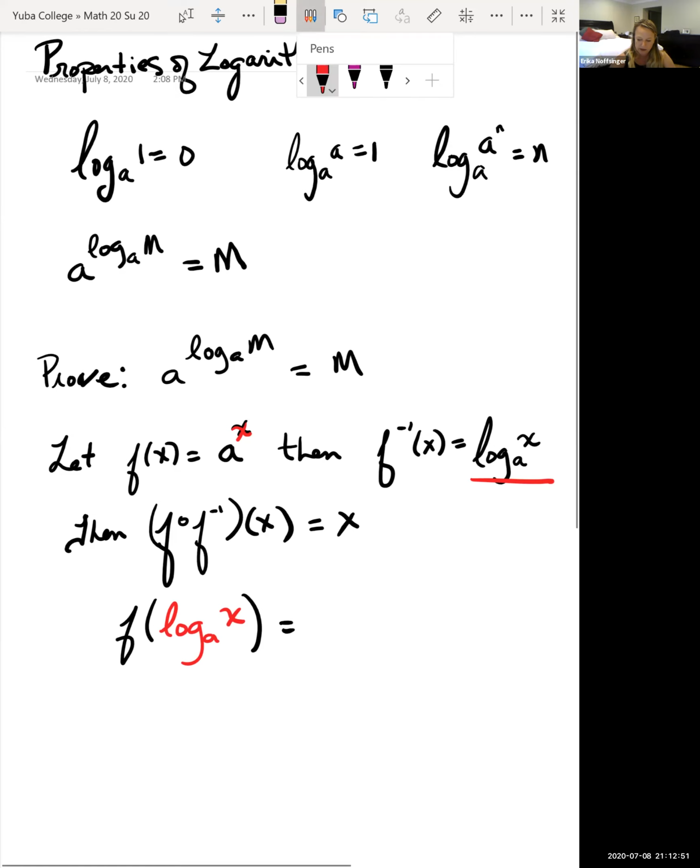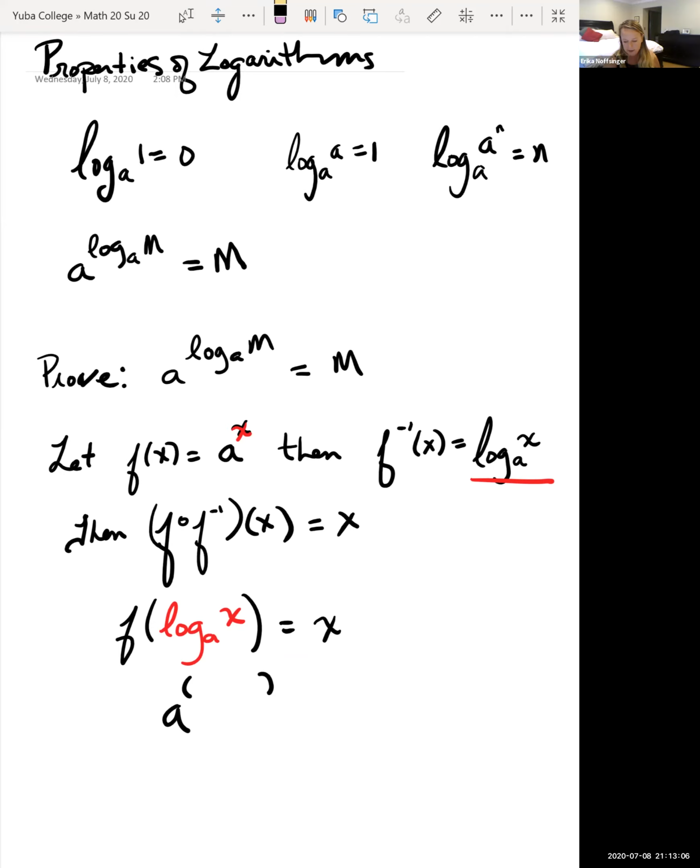And I'm just going to bring down my right-hand side. This is equal to x. So on my left, wherever I see an x, I have a, put parentheses, and now put in log base a of x in there. This is equal to x.